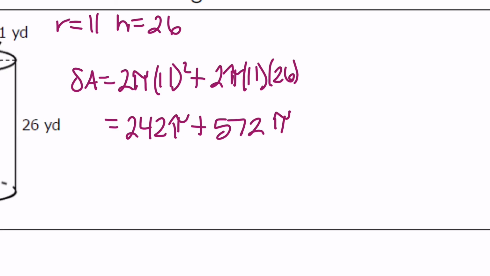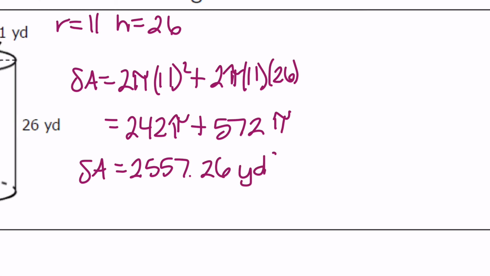I'm going to save multiplying out the pi for last, which then gives me 2,557.26 yards squared.